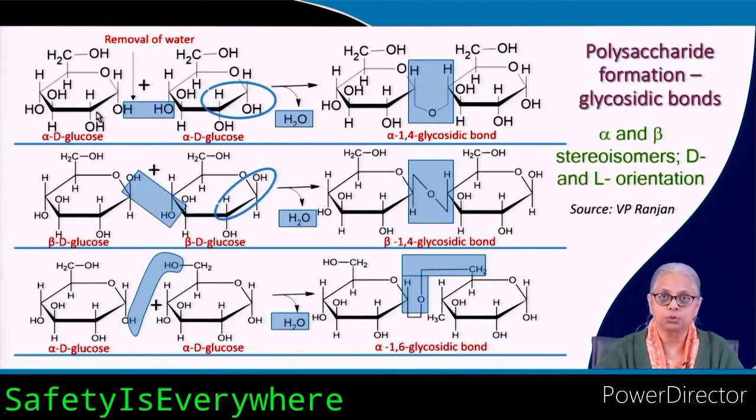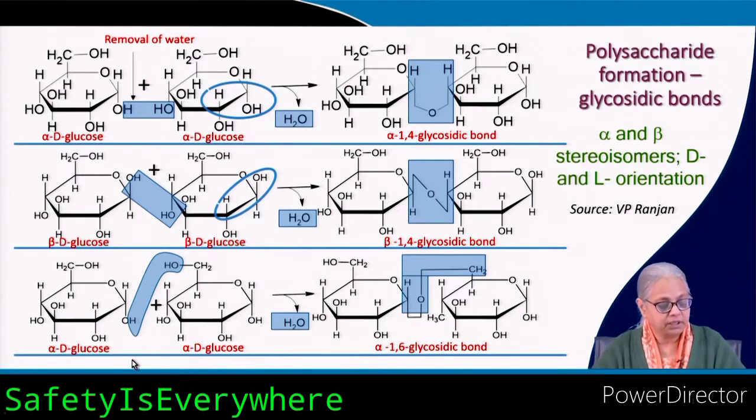They are all D-glucose molecules. That's how two alpha D-glucose molecules will come together, by bonding at the C1 position of one and the C4 position of the other, and that's why it's called an alpha 1,4 glycosidic bond. Now, if you have two beta D-glucose, since alpha and beta are stereoisomers, it's going to bond, and therefore you will get what is called the beta 1,4 glycosidic bond.